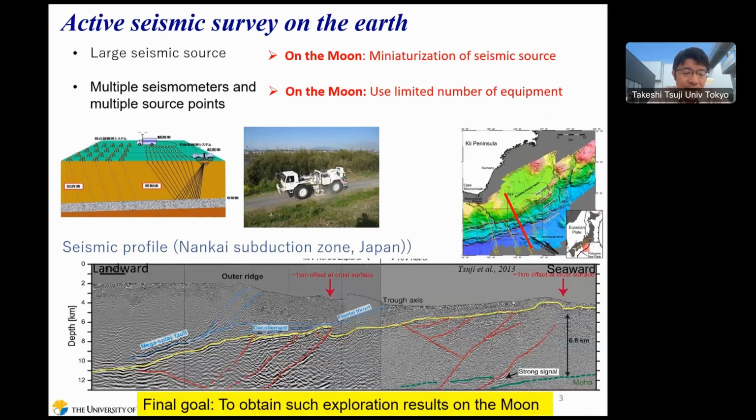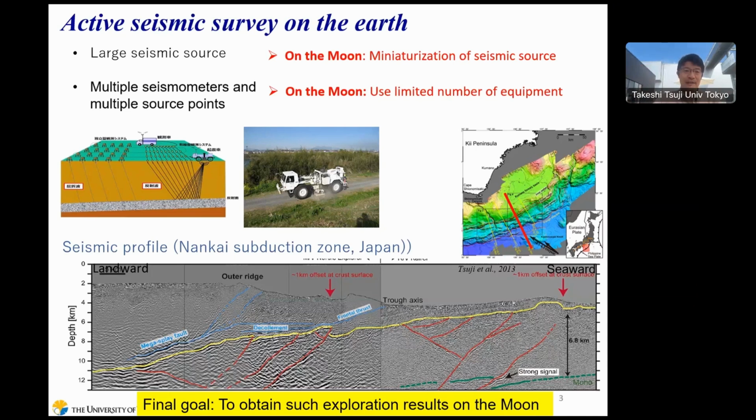In this slide, I show one example of an active seismic survey result on the Earth. On the Earth, we use a large seismic source, as you can see in the picture in the middle of this slide. We use a large truck, with multiple seismometers and multiple source positions. So there is a lot of freedom.